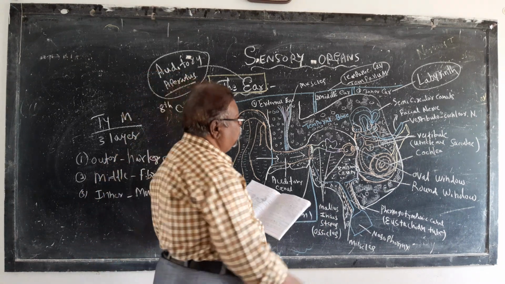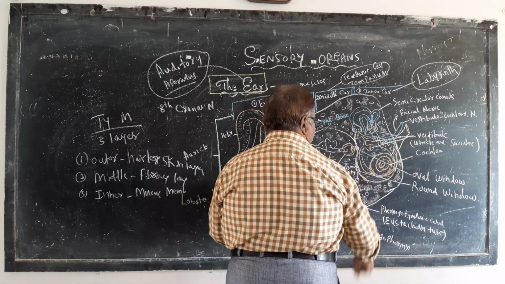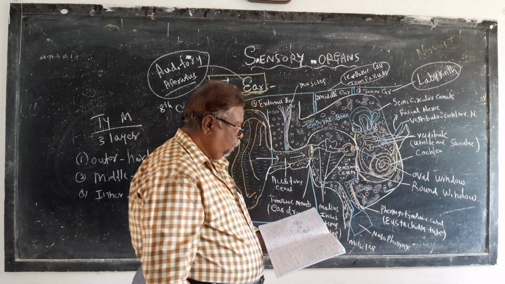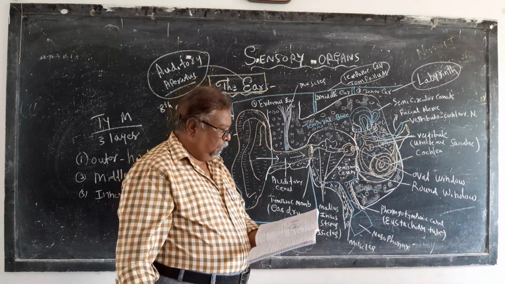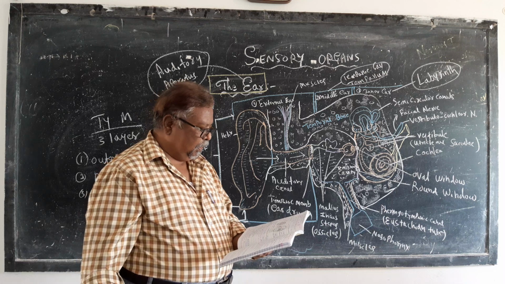So this is the vestibule, the apex and the round structure. This part of the inner ear is snail shell-like.